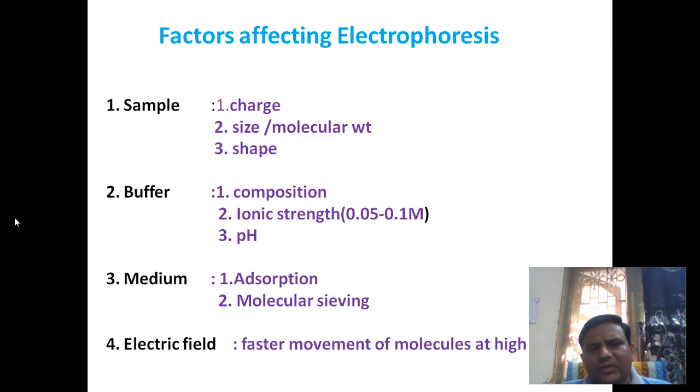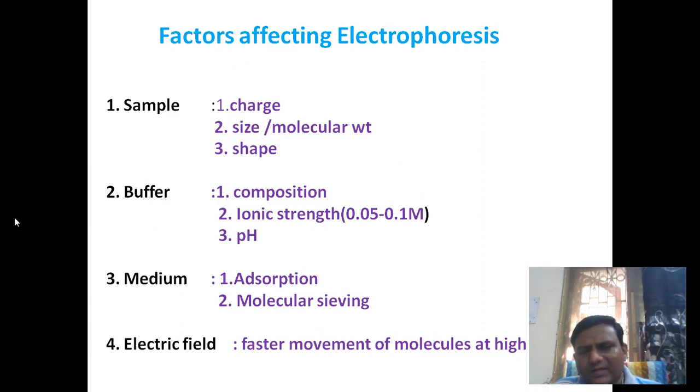Whenever we use different types of gelling agents and prepare the gel, the porosity will be different. If you use agarose gel electrophoresis at an appropriate concentration, we add the agarose powder into distilled water or buffer, boil it and then pour it into the electrophoretic assembly, and whatever gel is prepared may have a specific porosity.